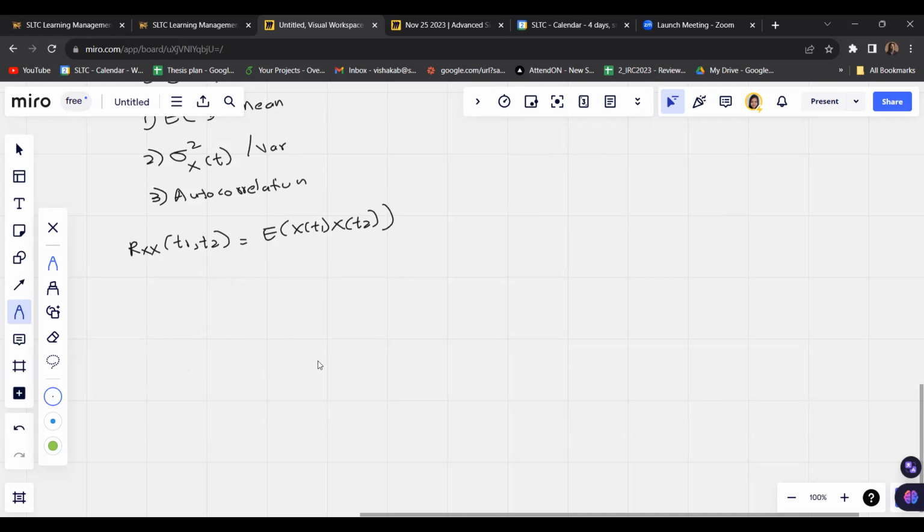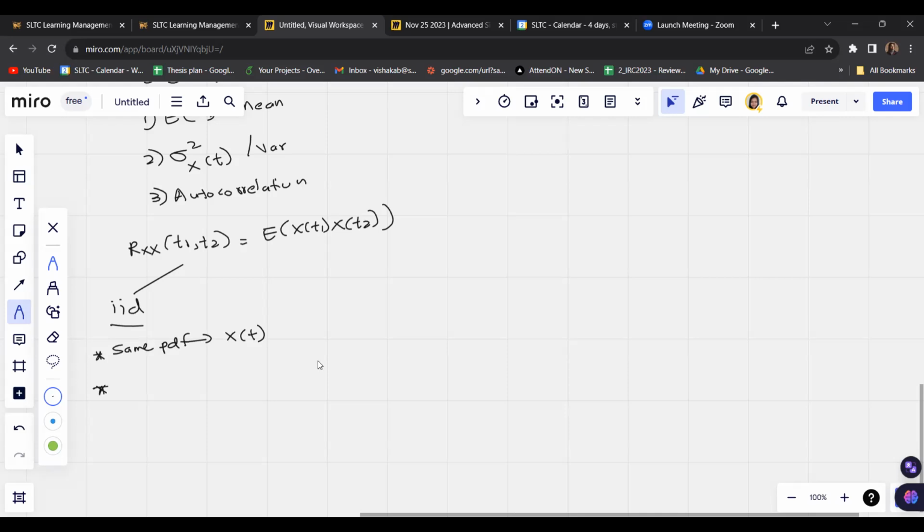So the autocorrelation function we can define for IID random processes, independently identically distributed random processes. The feature of these IID processes is that the same PDF is there for all the random variables, for all the random variables at xt1, t2, t3, likewise.